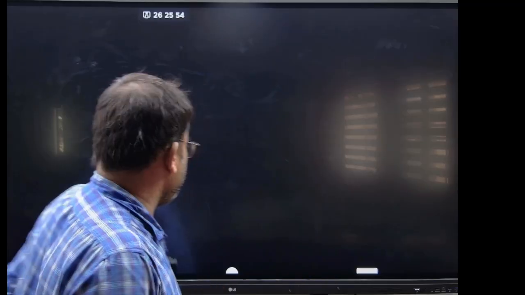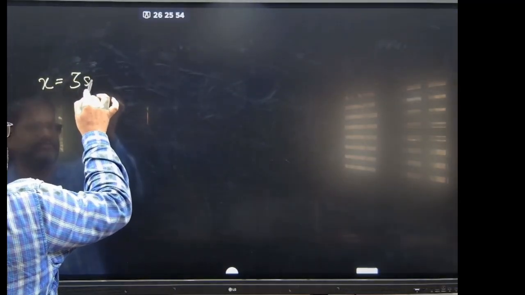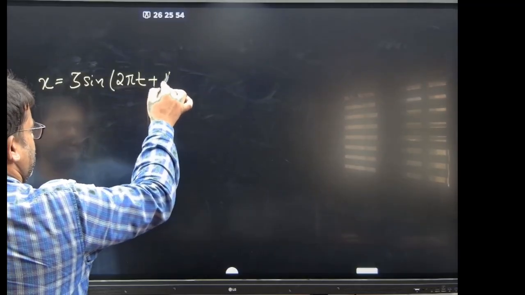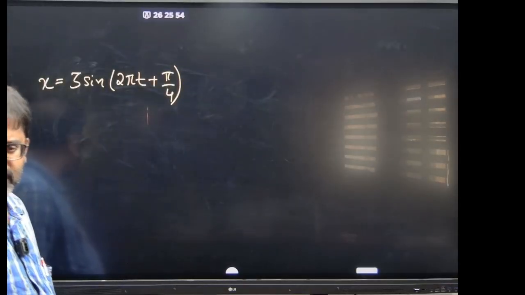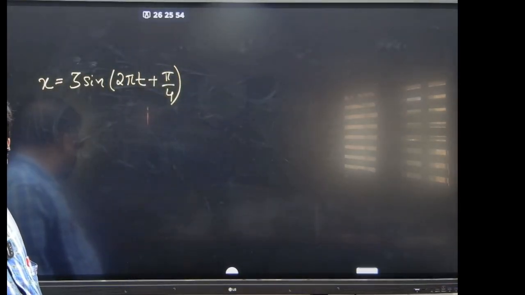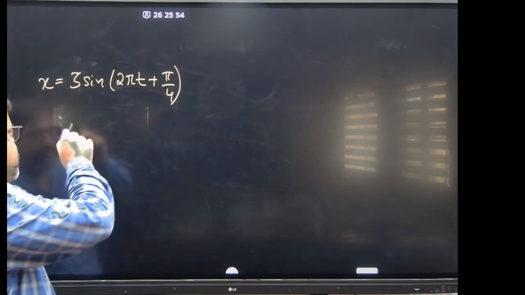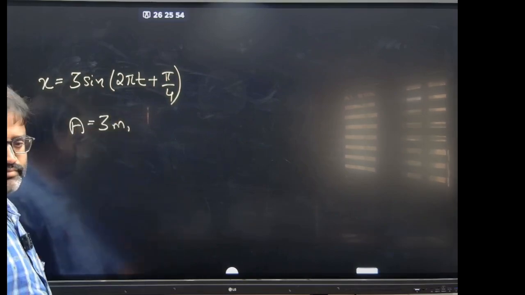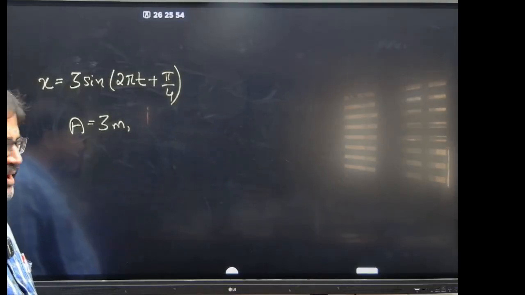What is the equation? Equation is x is equal to 3 sin 2 pi t plus pi by 4. Now he is asking us amplitude. Amplitude is the maximum displacement, so that is equal to 3 meter. And what is he asking us? Maximum speed.